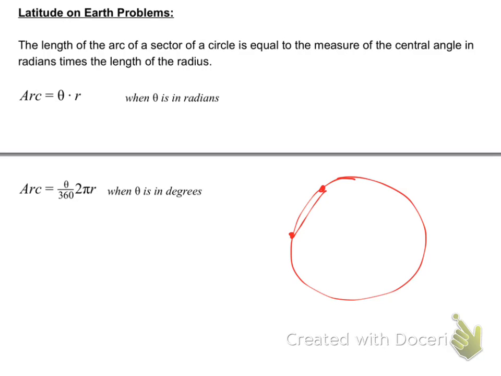Instead, I have to travel the path of the arc, right? From here to there. Generally, we'd even go a little bit further than that because we'd be on a plane, flying above the Earth. But that's the distance between two towns or two cities on the Earth. It's not a straight line.